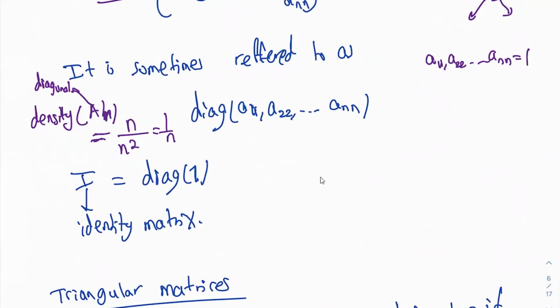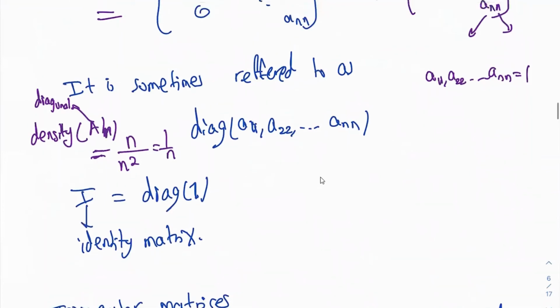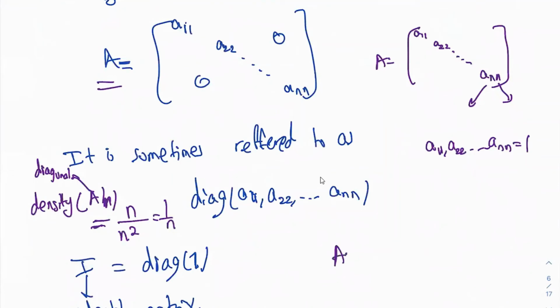There is a notation that is used sometimes in different textbooks. Since diagonal matrices only have non-zero elements on the main diagonal, usually the matrix A, if it's diagonal, is shown as diag of the elements that are on the main diagonal: A11, A22, all the way to ANN.